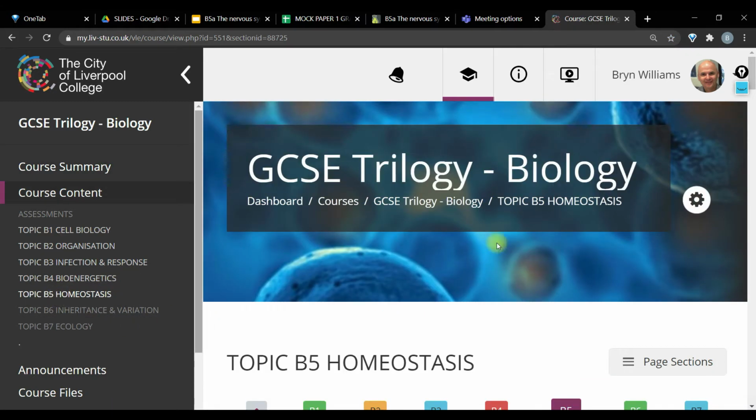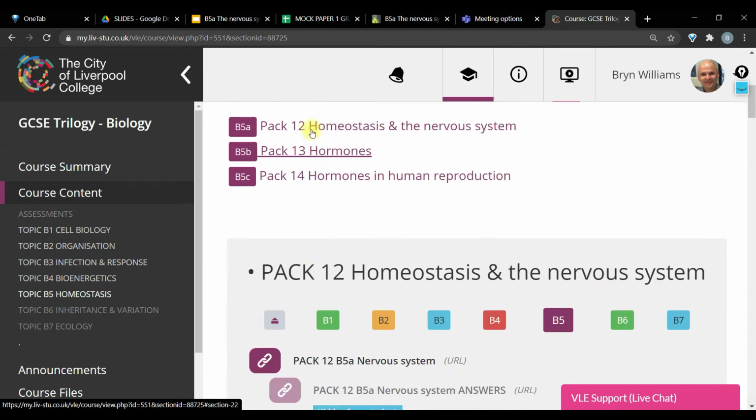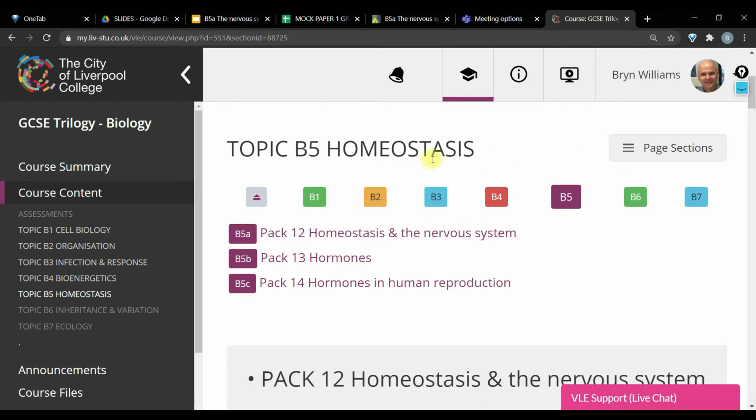Remember, on the VLE, it's called homeostasis, this unit, and there's 3 packs to it. The first one we're going to start now is about homeostasis and the nervous system. So neurons, how neurons control reflexes.